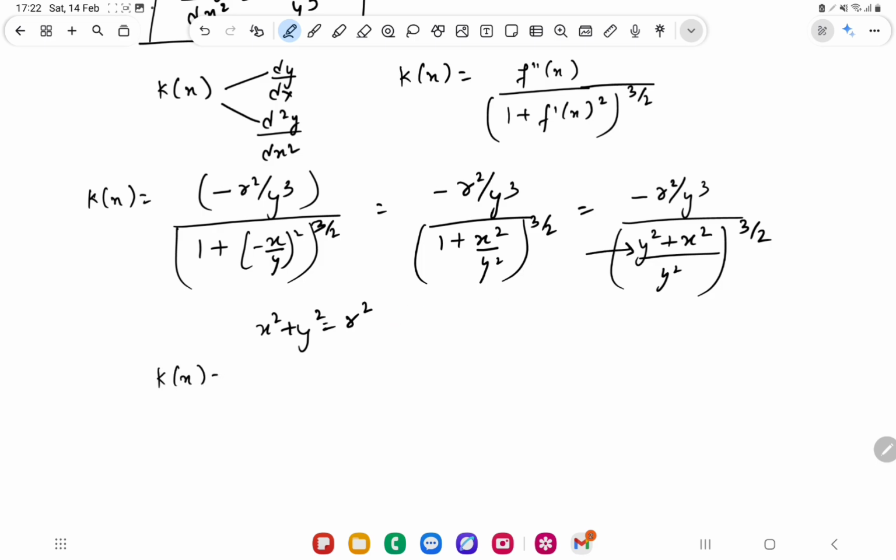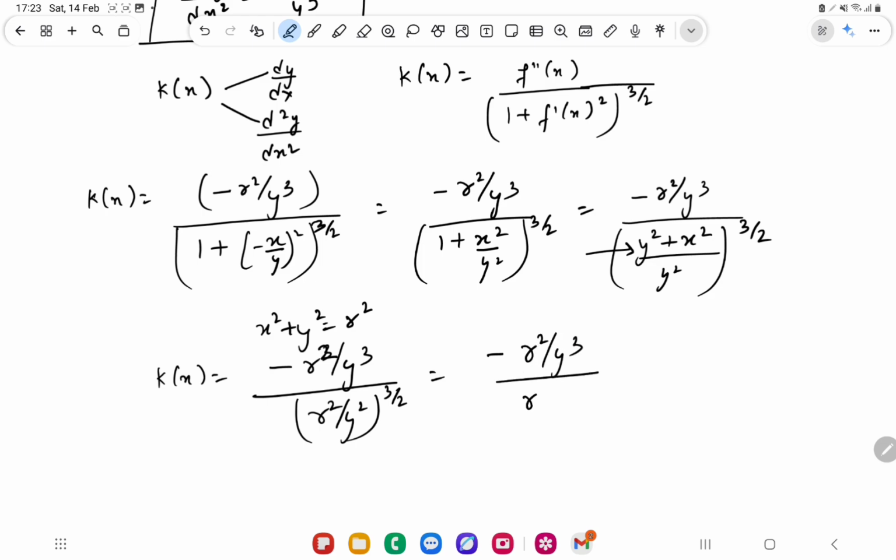So my k of x function will be minus r square by y cube divided by again r square by y square to the power 3 by 2. So the 2 cancels out, r square by y cube whole divided by r cube by y cube, which will give me the answer as minus 1 upon r, which is nothing but a constant.